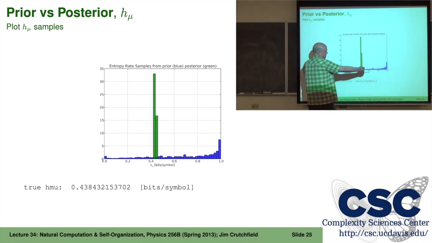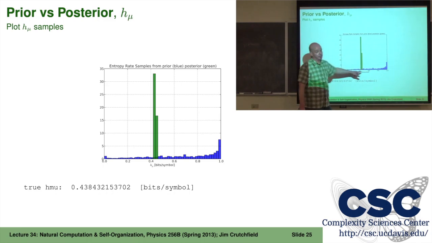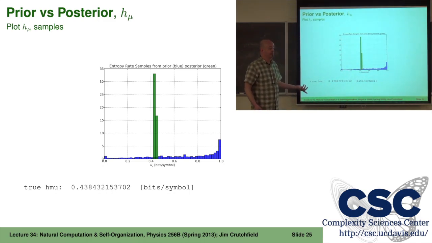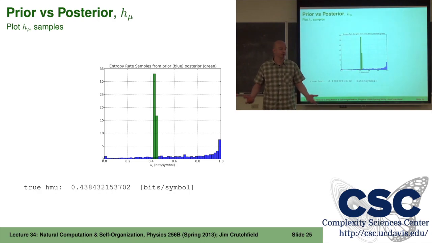Most of them can't get higher, and we saw that last time with looking at just the EvenOdd process, that the maximum entropy rate you could get was somewhere around 0.6. So the fact that a priori you see this broad uncertainty in entropy rate is a function of the fact that that single state machine is in there. The fact that the posterior is peaked like this means that the single state is not very likely anymore once you've fed the data to it.